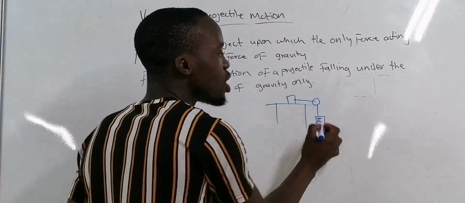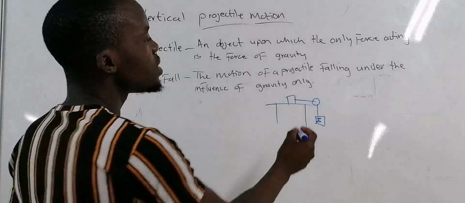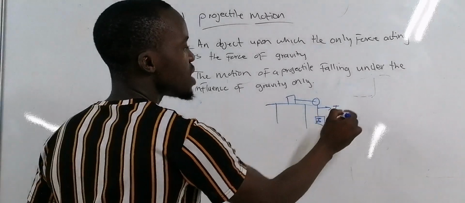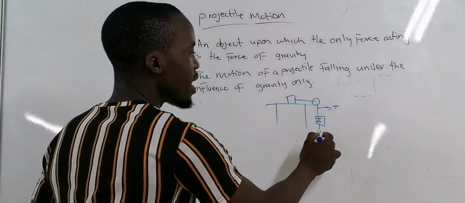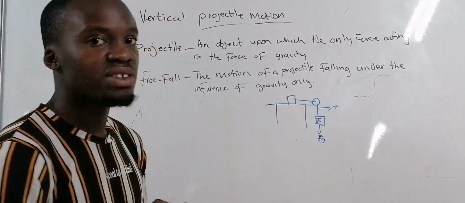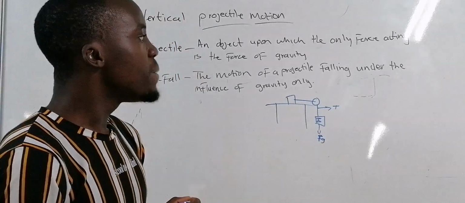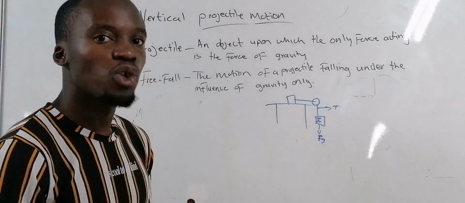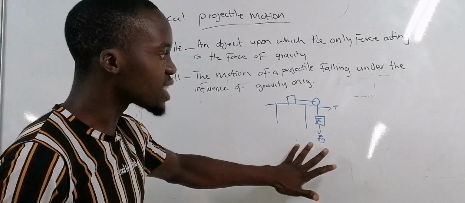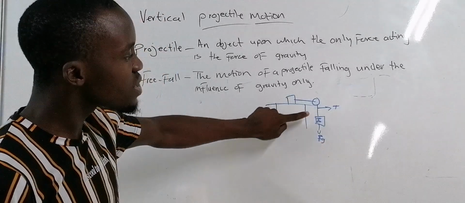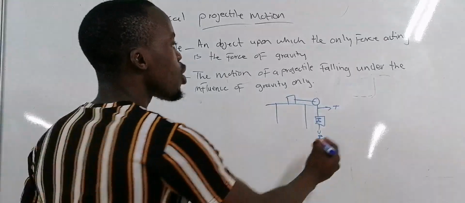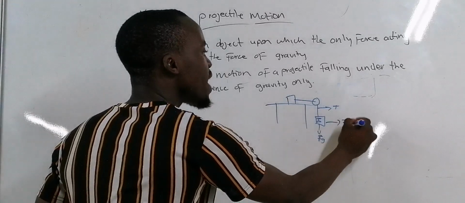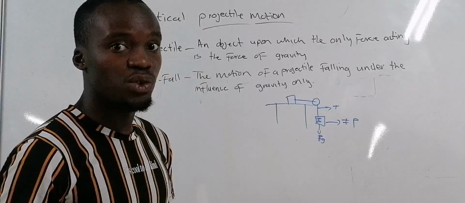Let's discuss object B. Do you see that object B? It has a tension force here, and the gravitational force, Fg. Meaning that there are two forces acting on the object. Since you can see the tension force as well as the gravitational force, this block is not a projectile. I don't know if you understand that.